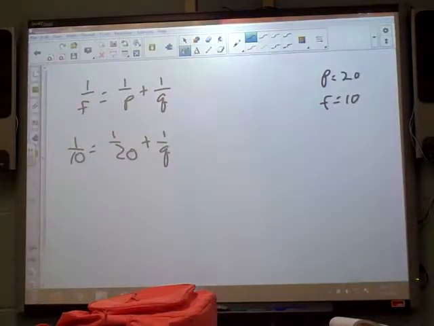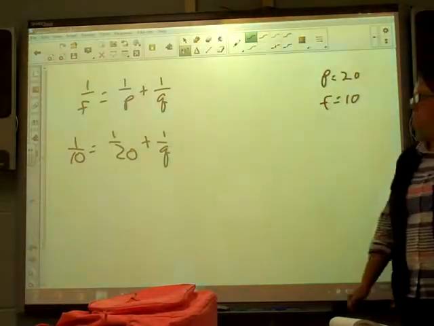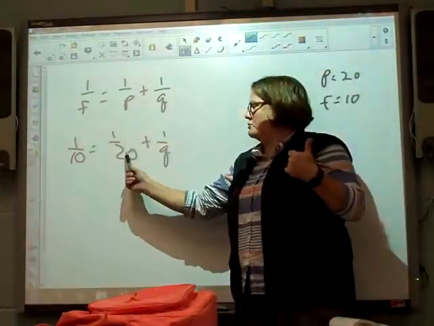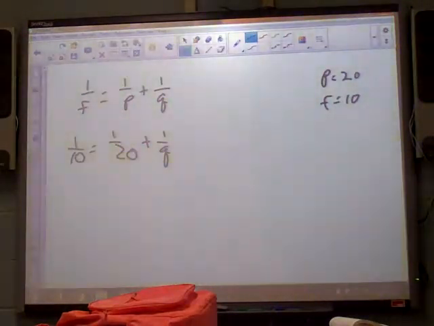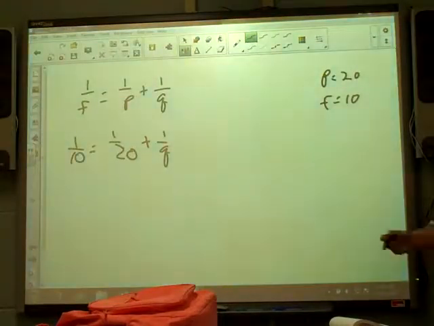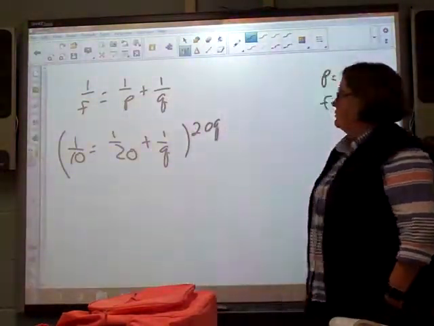So I'm looking at 10, 20, and Q. What will they all three go evenly into? Same stuff we've been doing. 20Q. So we multiply the whole thing by 20Q.